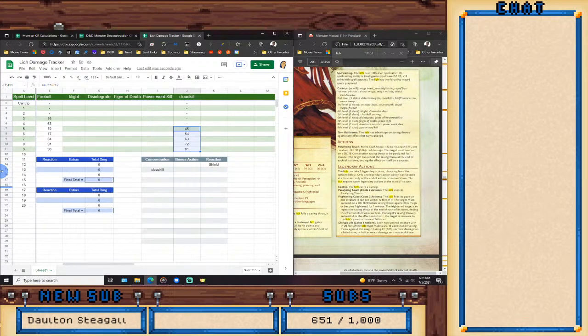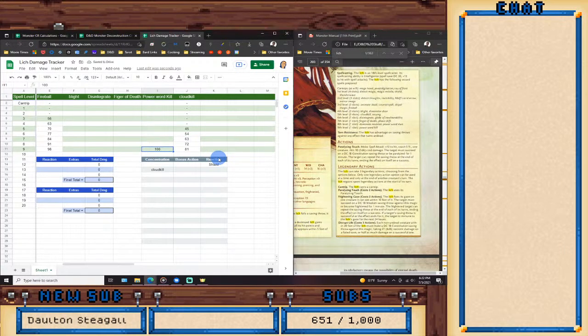So Power Word Kill. What is the damage on that? You utter a word of power that can compel one creature you see within range to die instantly. If the creature you choose has 100 hit points or fewer, it dies. Otherwise, the spell has no effect. Alright, we're going to say 100 points of damage.